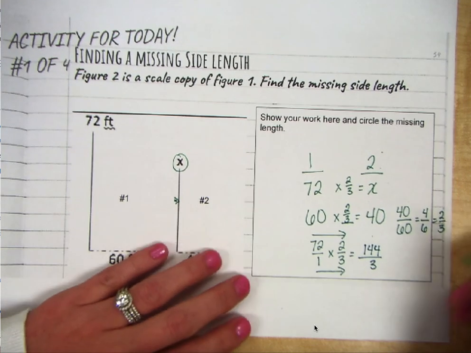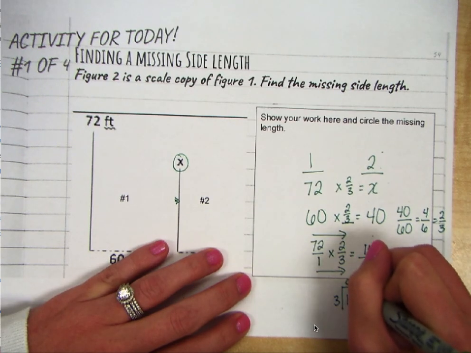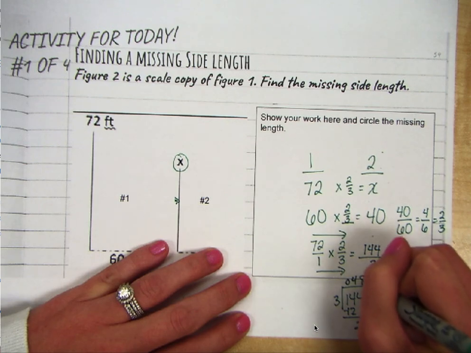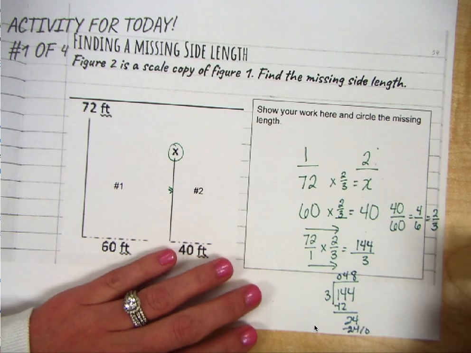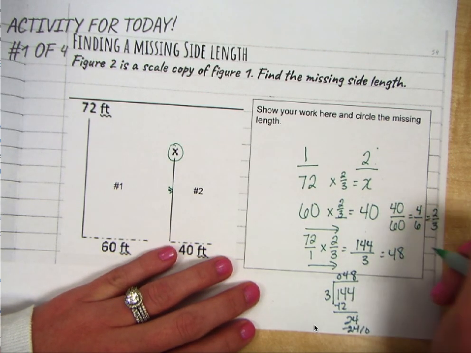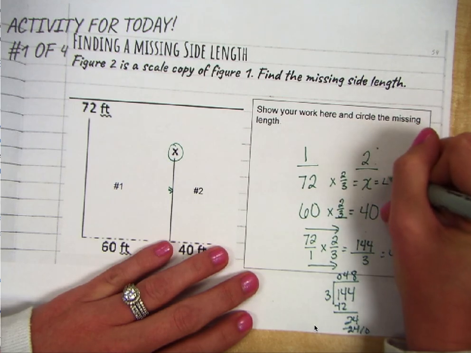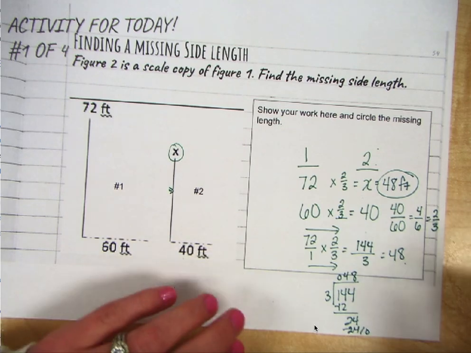And I can divide this out. 144 divided by 3, I get 48. Okay? And so that means that my missing side X is equal to 48 feet. And that's my answer.